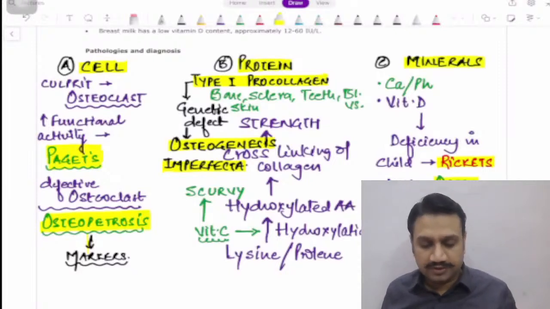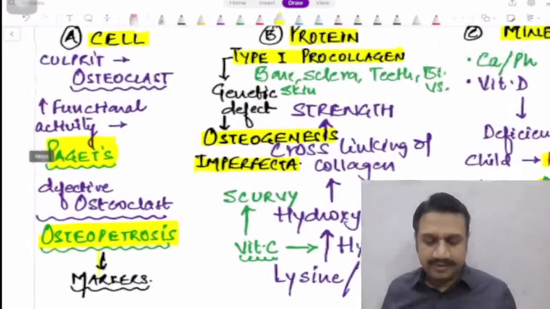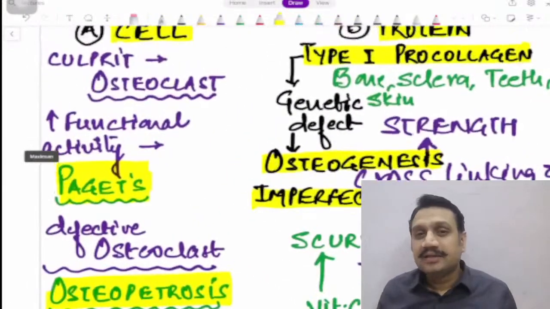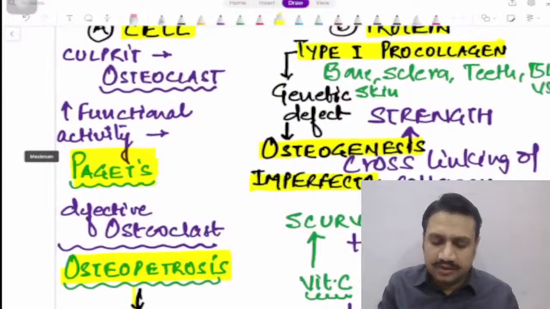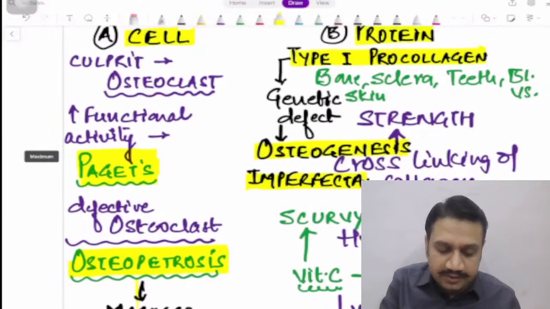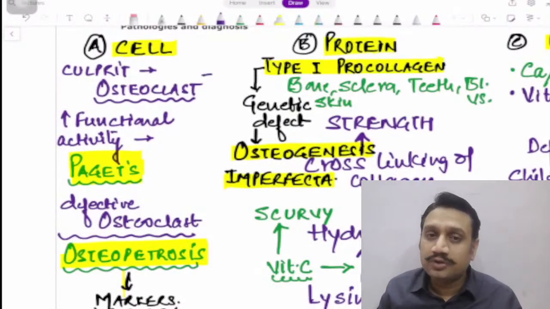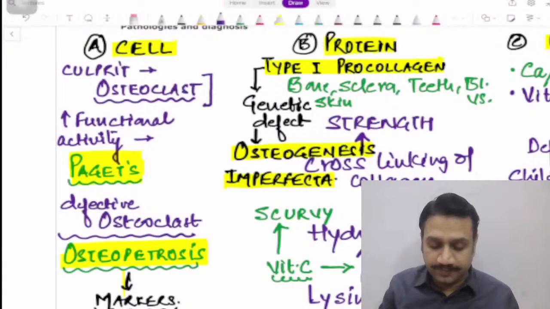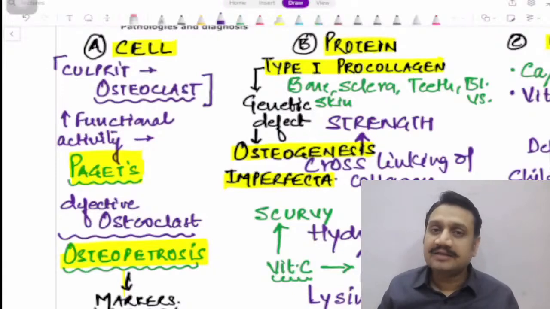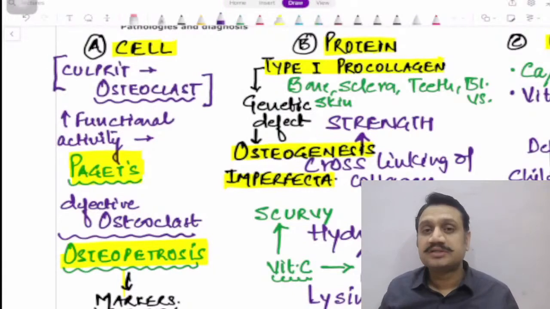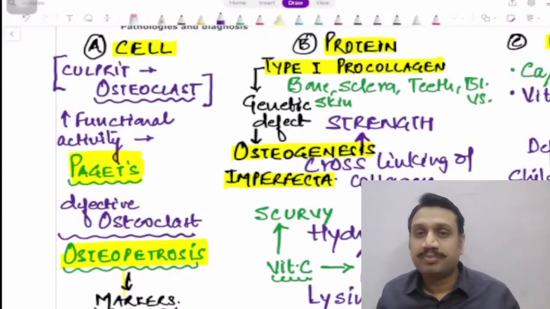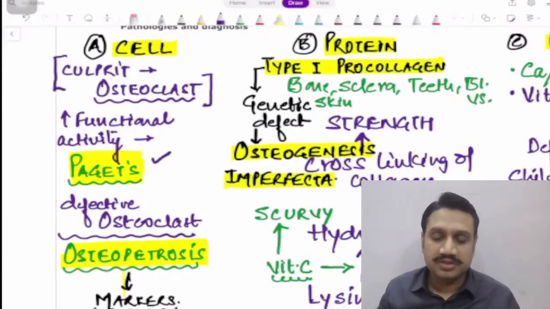Now, if you talk about the disorders of the cell, always remember that in the cell category the culprit is always the osteoclast. Whenever there is hyperfunctionality of the osteoclast, the disorder the bone suffers from is Paget's. You remember that? And the defective osteoclast has to be osteopetrosis. So clast working too much, Paget's; not working at all, osteopetrosis.